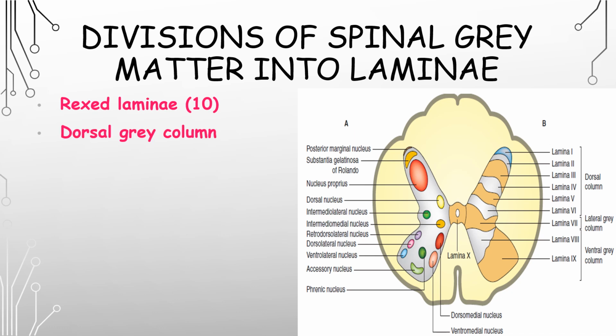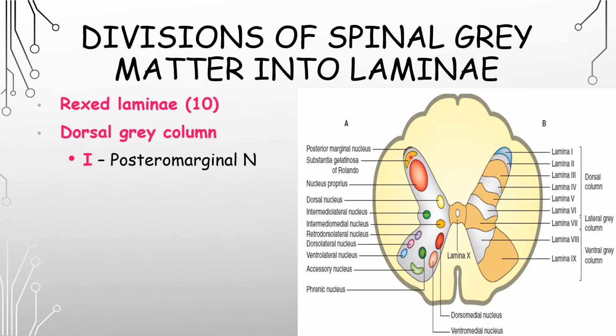Dorsal gray column. Laminae 1 to 6 are confined to the dorsal gray column. Lamina 1 corresponds to the posterior marginal nucleus. Here you can see. And lamina 2 corresponds to the substantia gelatinosa.